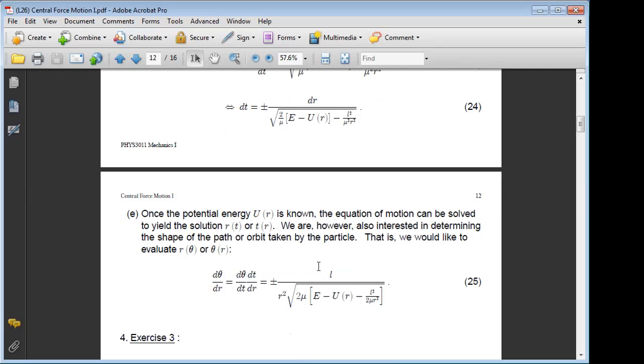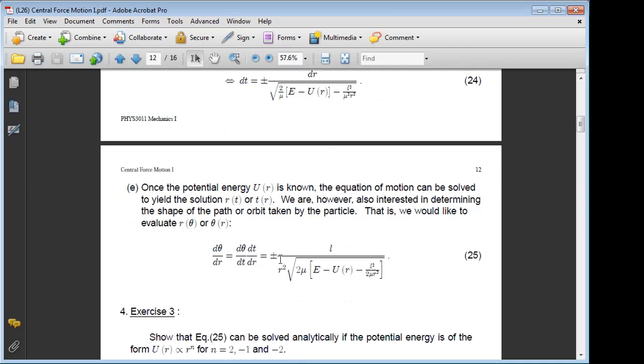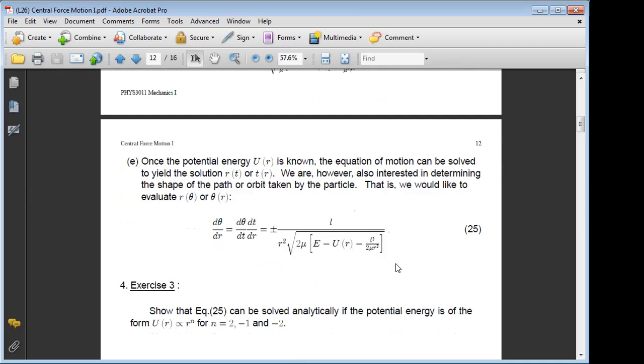So we substitute d theta/dt into the expression, and after simplification, we realize that d theta/dr is given by this. Now, if we can solve this equation, this is a first order differential equation. It can be done easily, right?